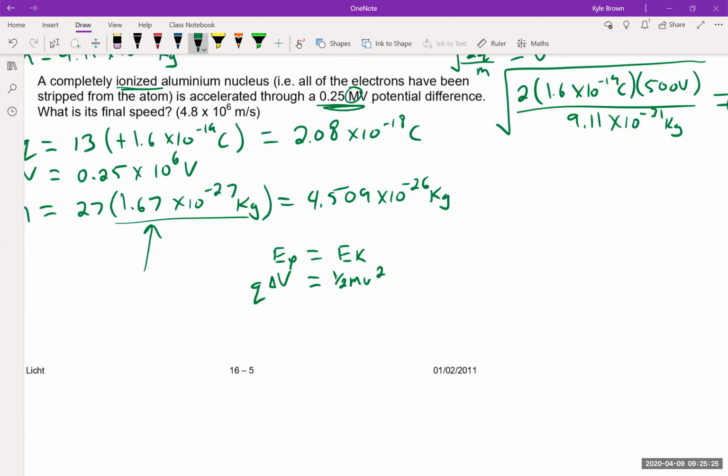Okay, and then rearranging the same as last time. We'll just do it the same way, right? v was equal to the square root of 2qV over m.